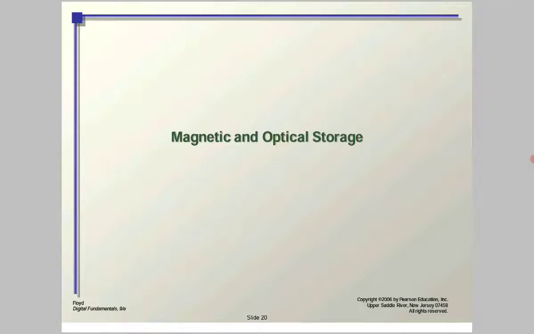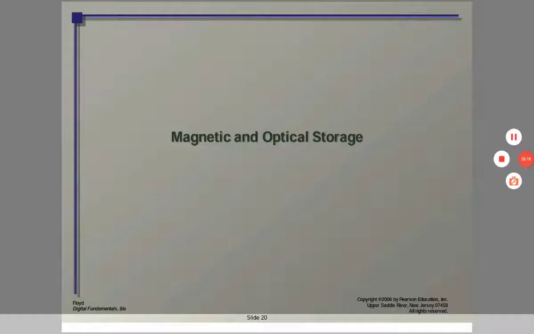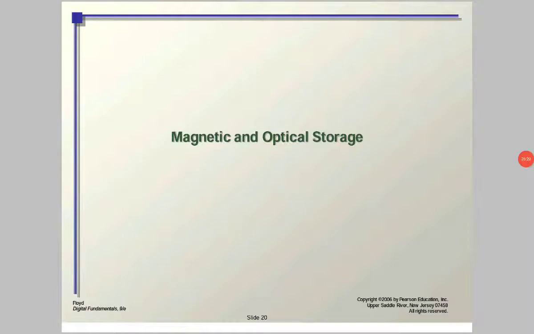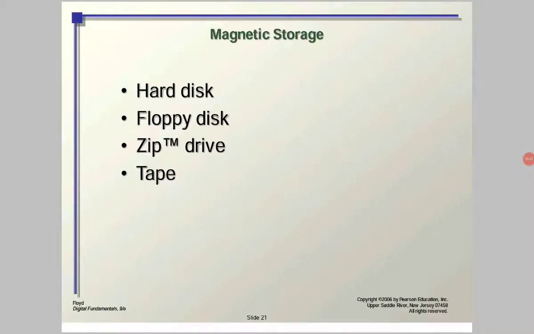There are many types of secondary or auxiliary storage devices available. Magnetic examples are magnetic hard disks, floppy disks, zip drives, tapes, magnetic disks, magnetic drums, and also USB drives or pen drives, flash drives. There are many such types of secondary devices used.